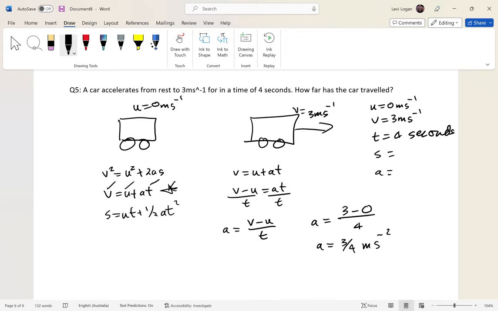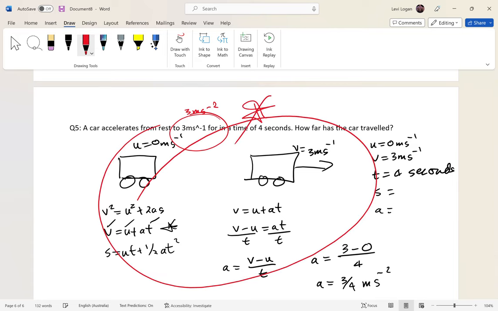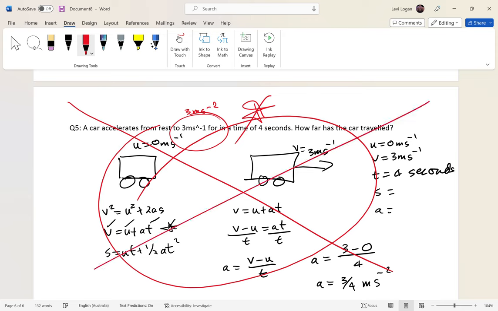Okay, so I think I've written my question wrong, because on the question I originally wrote, I think I wrote this as 3 meters per second. So I think I'm just going to leave this question. I'll come back to it and I'll make another video on this, but for now I'm just going to cross this question out, because I've written it wrong on my sheet of paper than I have on here. So I've accidentally made two different questions.